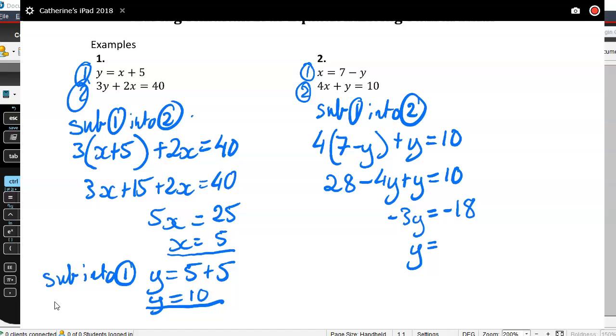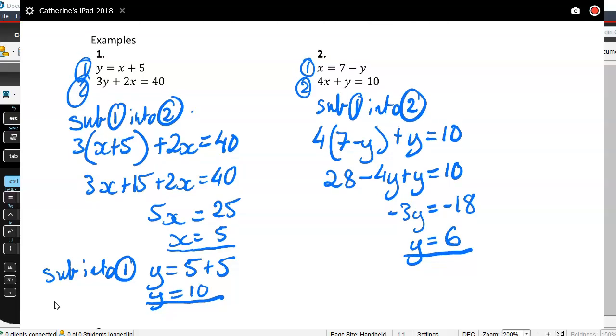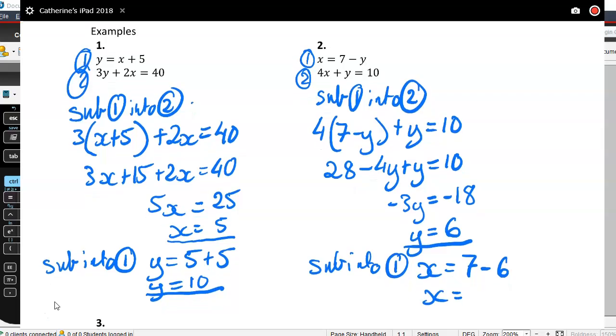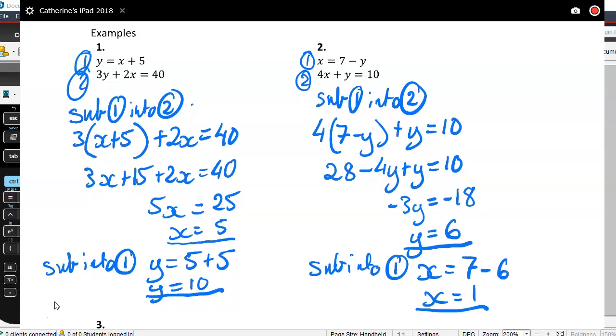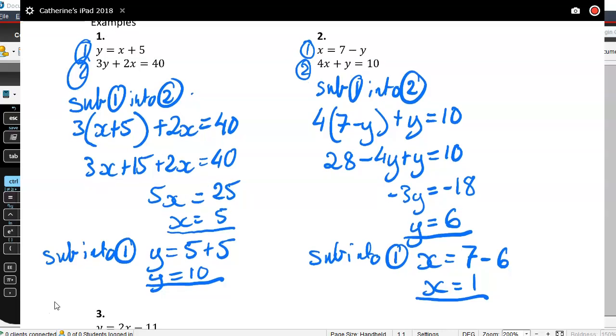So y equals negative 18 divided by negative 3 is positive 6. So sub into equation 1. So x equals 7 minus 6. So x equals 1. So that's how you do it by hand.